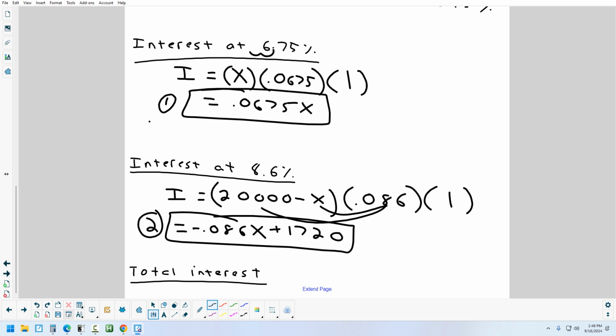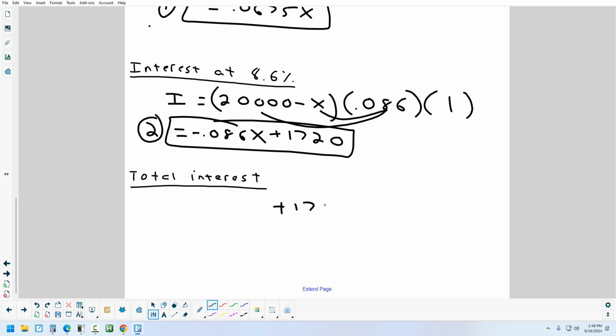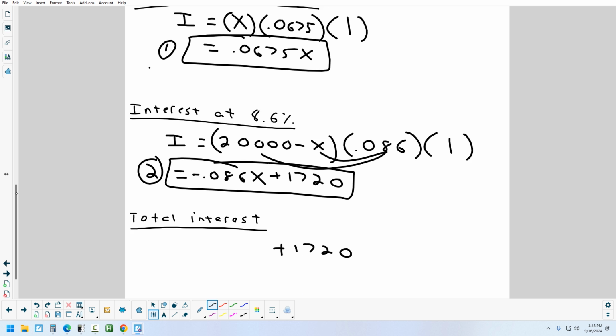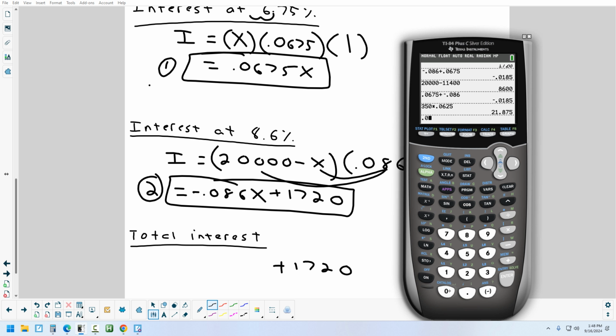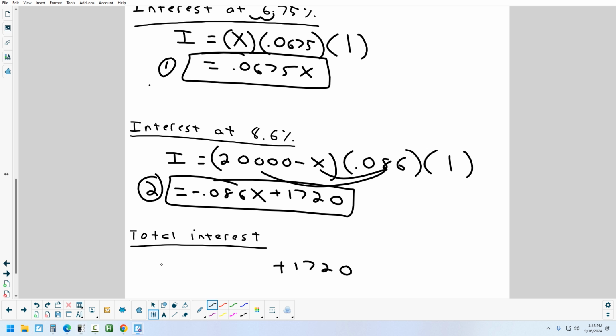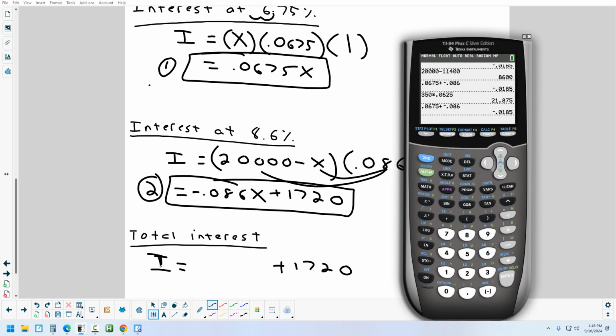Just add box 1 and box 2 together, and that's the total. Well, 1720, there's nothing to combine it with from box 1, so 1720 stays right where it is. But I can add 0.0675 plus negative 0.086. So that's negative 0.0185x.